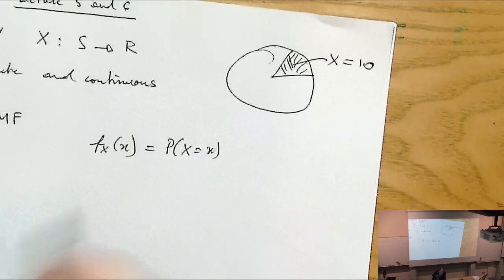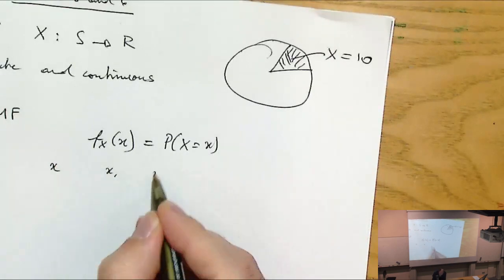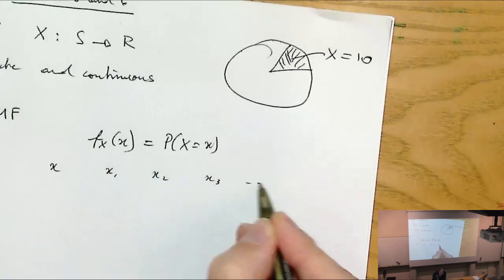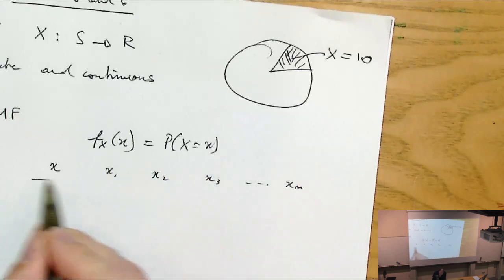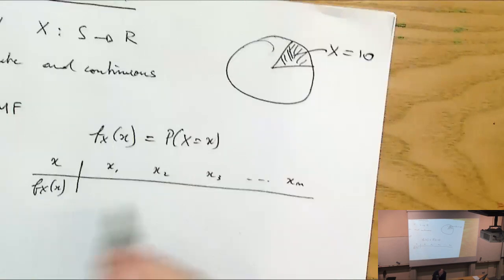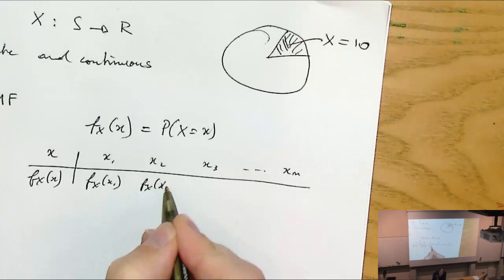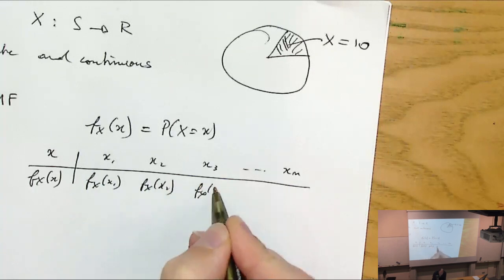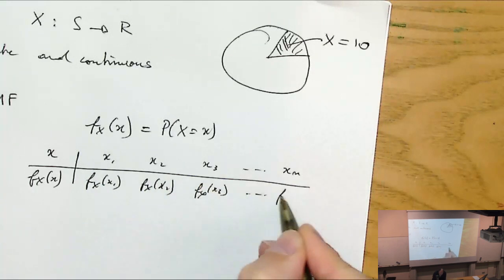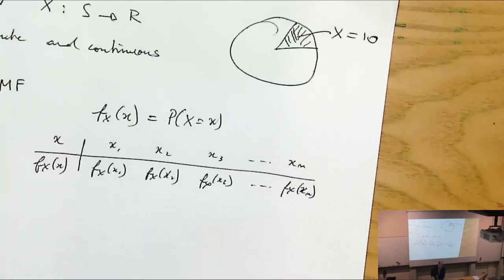X can take, for instance, values x1, x2, x3, all the way to xn, and this probability mass function is evaluated at each of them. So it really gives you the probability that X is equal to that specific value.